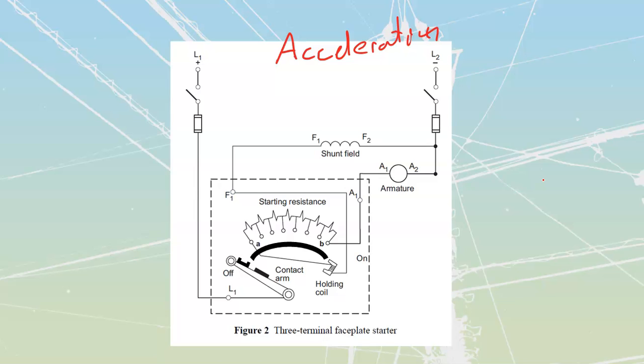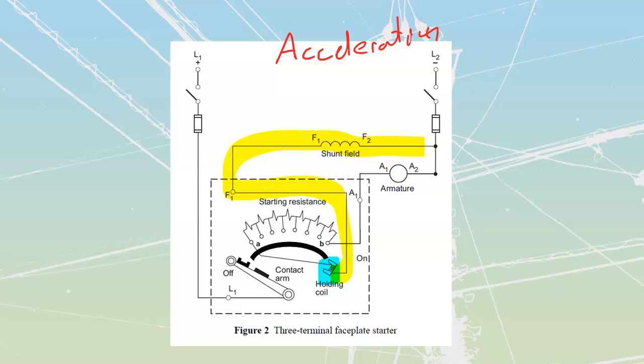A couple of things that I want to talk about on here. First thing that I want to highlight is this thing called the holding coil. What you'll note is that this holding coil is going to be in series with my shunt fields. The reason for this is that then we are going to be able to monitor what's happening inside my shunt field. Now, my holding coil is not going to be a very large magnetic coil.